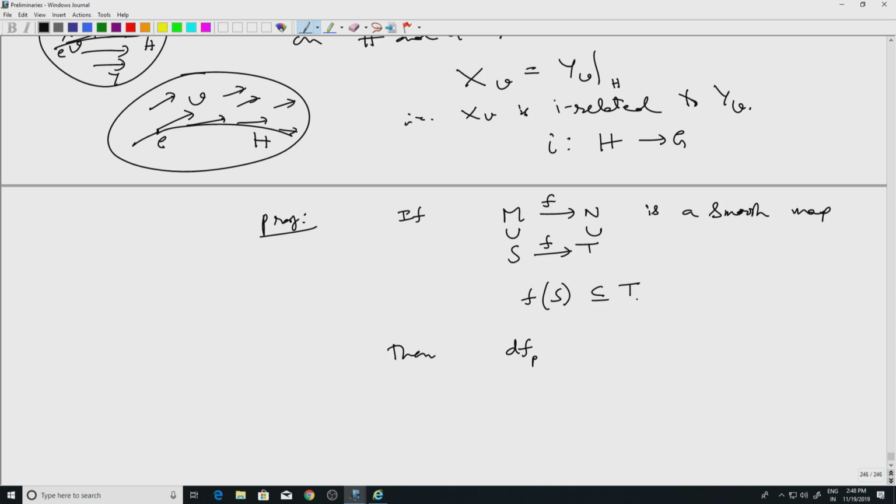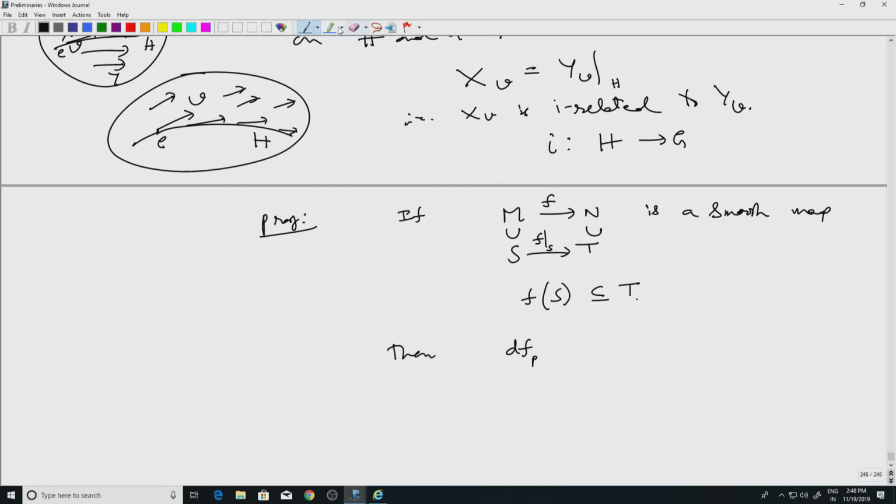This F I should say is F restricted to S.